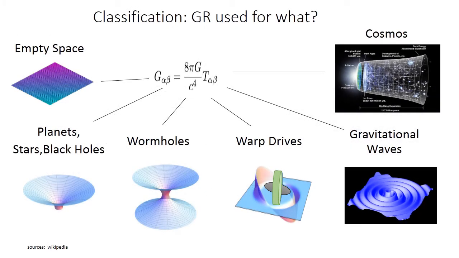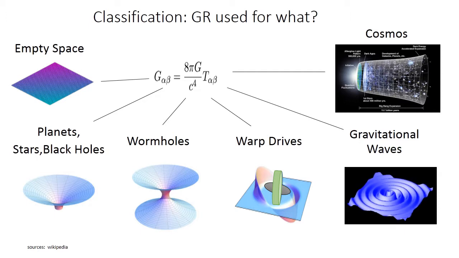Here we have a little overview for general relativity. So what is this actually used for, and why do we need these equations? Let's start from the left to the right, and we see in this first example empty space, and that's a vacuum, and as a result we just get flat space.